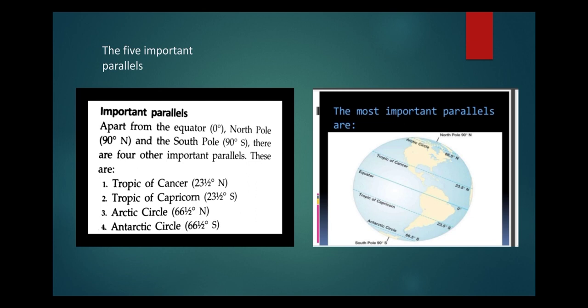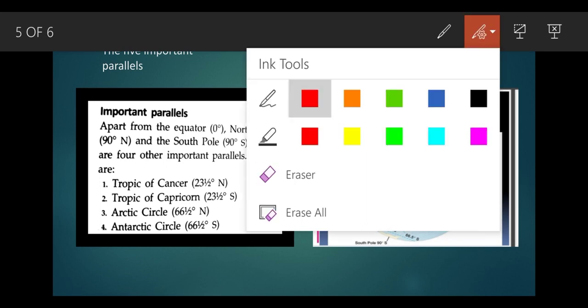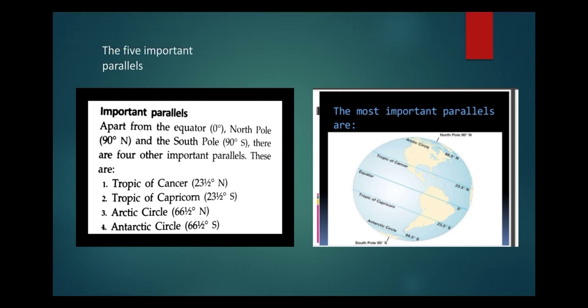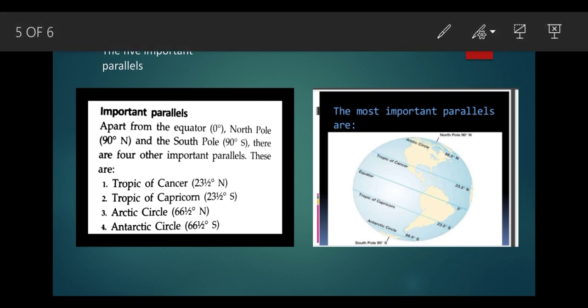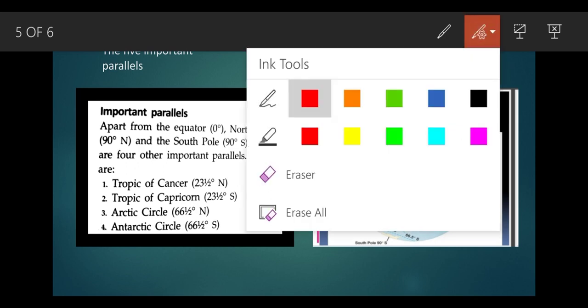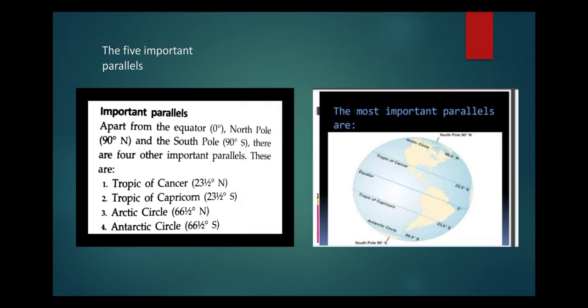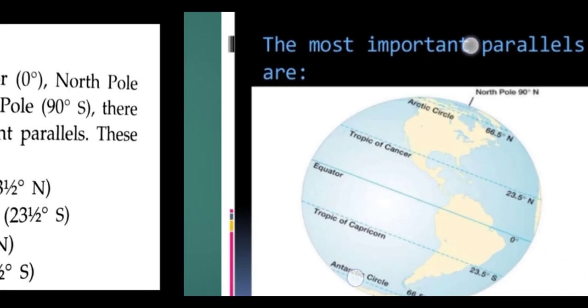These are Tropic of Cancer and the Tropic of Capricorn and Arctic Circle and Antarctic Circle, including the equator. These are the important parallels on earth.